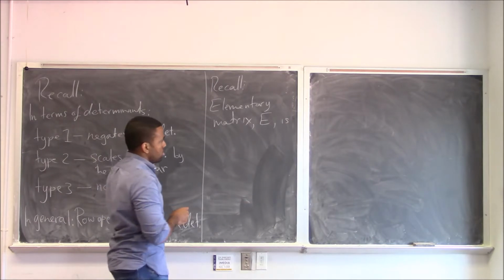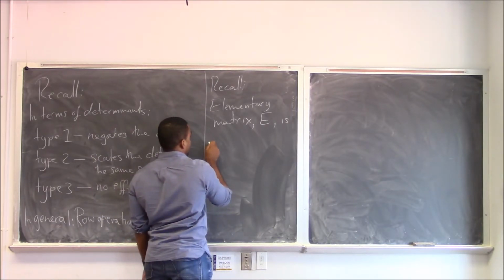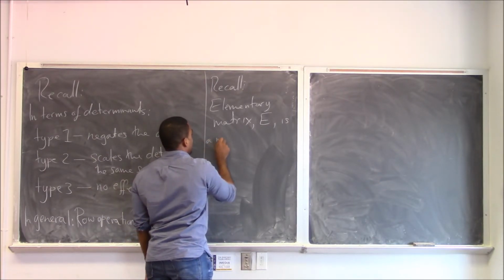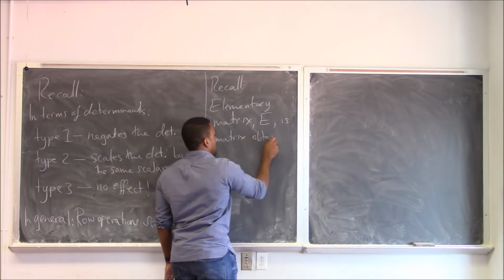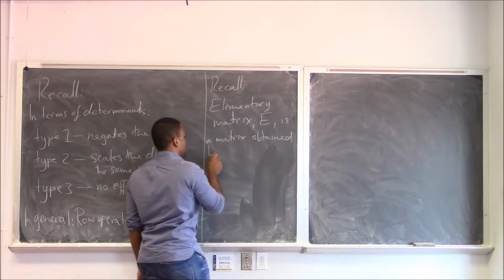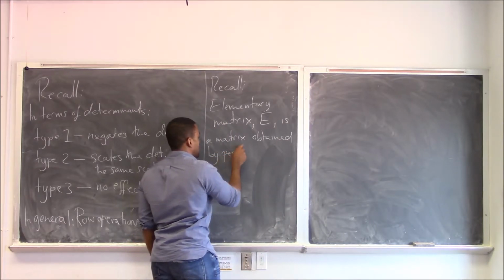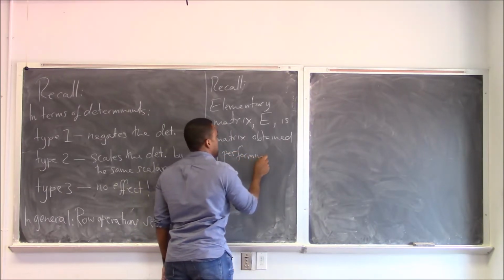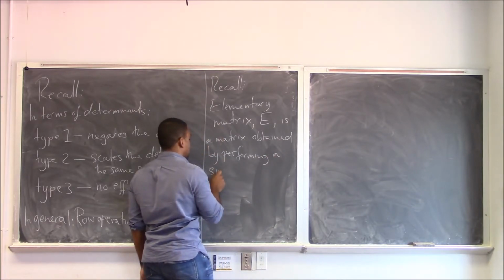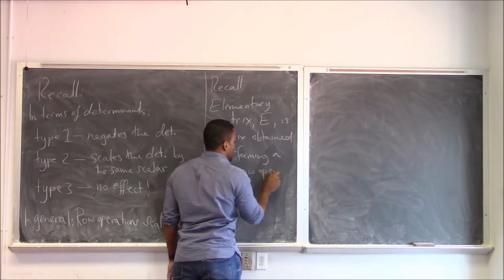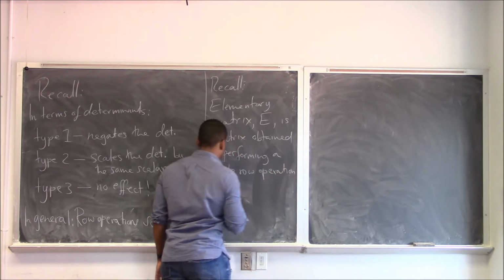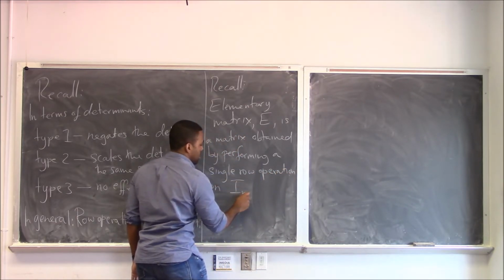You perform a single row operation on an identity matrix. It's a matrix obtained by performing a single row operation on the identity matrix.